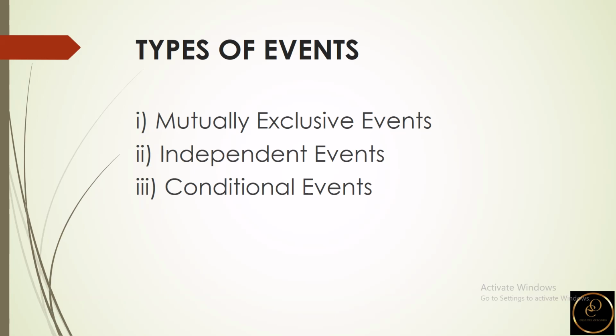Mutually exclusive events, meaning that if you have two events, event 1 and event 2, and they are said to be mutually exclusive, it means that if event 1 occurs, then event 2 can never occur. Or if event 2 occurs, then event 1 can never occur.